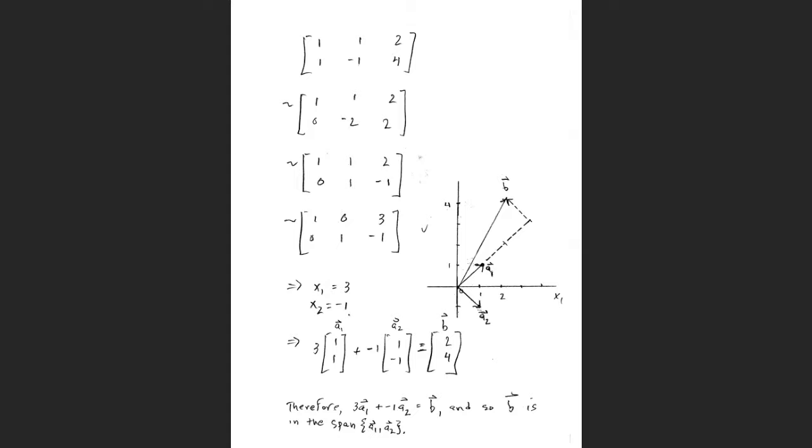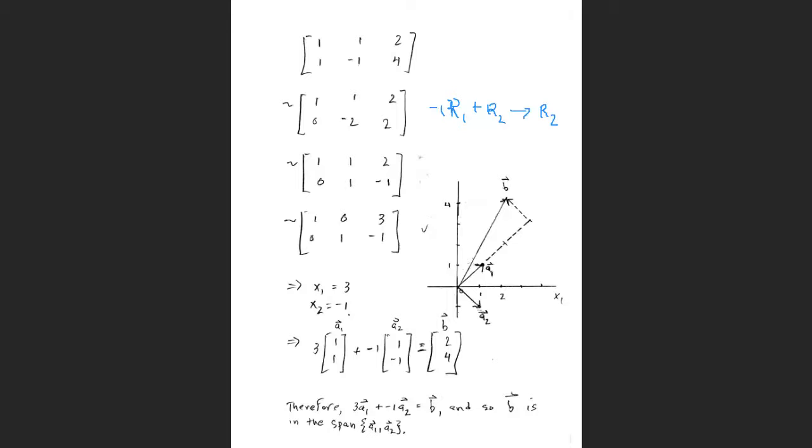Okay, so here we took -1 times the first row and added it to the second row, and put the result in the second row.